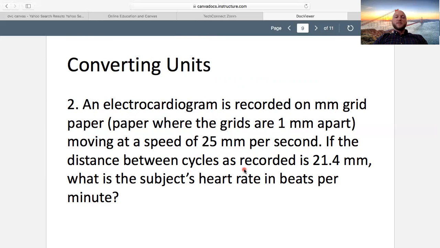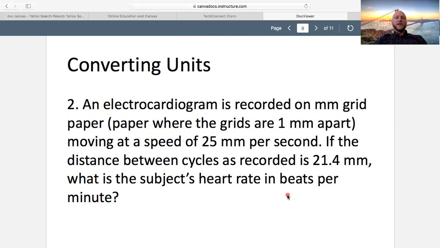If the distance between cycles is recorded as 21.4 millimeters, that means between heartbeats, every 21.4 millimeters, you get a heartbeat. So that line's flat for 21.4 millimeters and goes beep, and you see the heartbeat on the electrocardiogram. Then 21.4 millimeters go, and then beep on the electrocardiogram.